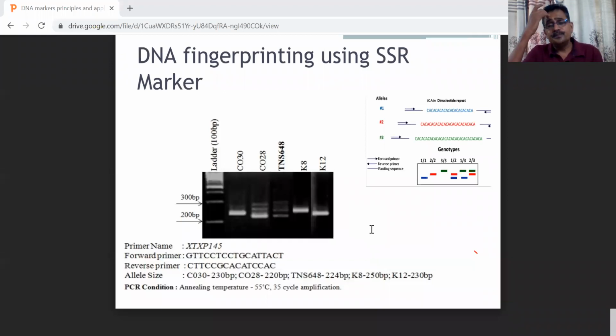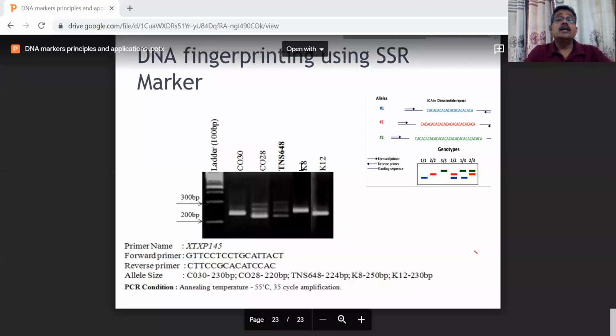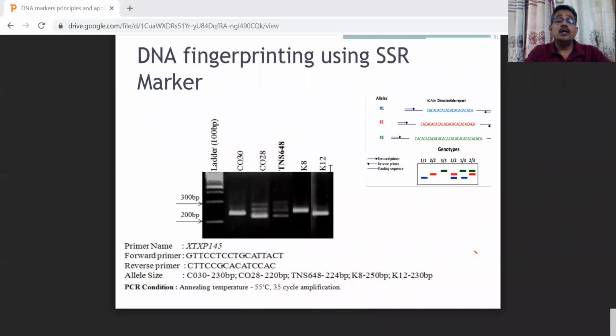This is one example where we recently did sorghum fingerprinting. The varieties like K8, K12 and TNS648, a variety which is going to be released shortly, we want to differentiate. For example, if these two varieties have two different types of allele, this one has a smaller repeat size and this a bigger size repeat.